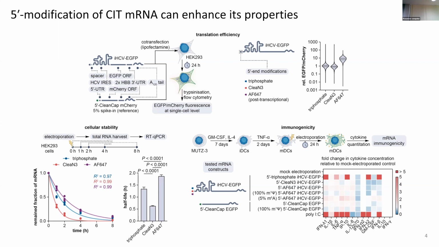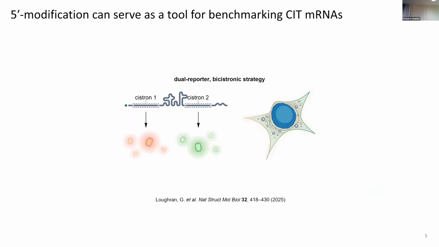And you can see that for the version of the mRNA that has a terminal 5' triphosphate, we could see elevated expression of viral infection-related cytokines in mature dendritic cells. But introducing a modification, either dye or azide, solves the problem, and you can see a decrease in the expression of the cytokines. So I mentioned before that the characterization of cap-independently translated mRNAs is challenging.